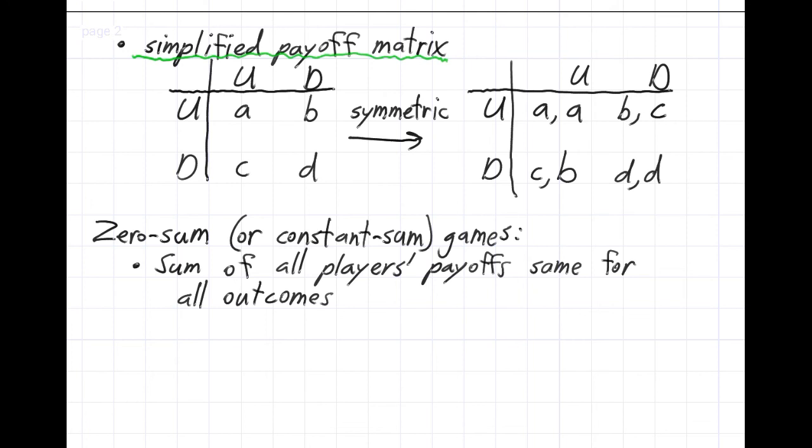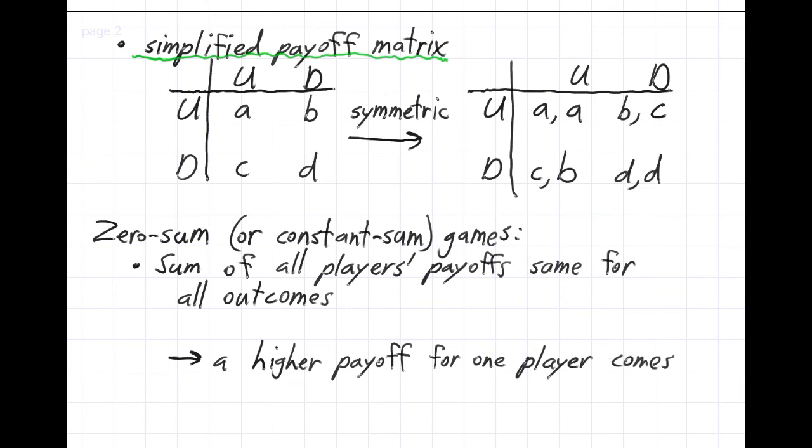In a zero-sum game, that sum is 0. So you add up the payoffs for both or all the players, and they will add up to 0 in every outcome, in every box in a payoff matrix. And that means that a higher payoff for one player comes at a cost to the other players, or other player.